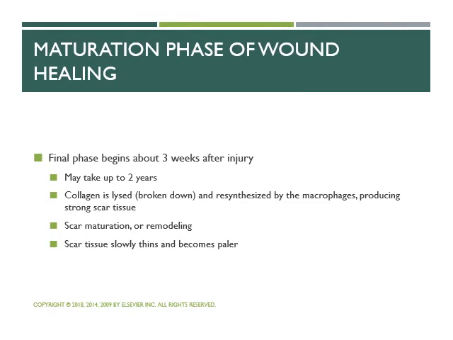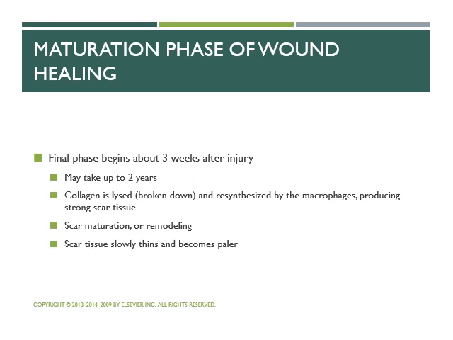The final phase of the wound healing process is referred to as the maturation phase. During this phase, it can actually occur 3 weeks after injury and may take up to 2 years, depending on the extent of the injury. Collagen is broken down and resynthesized by the macrophages, which in turn produces strong scar tissue.